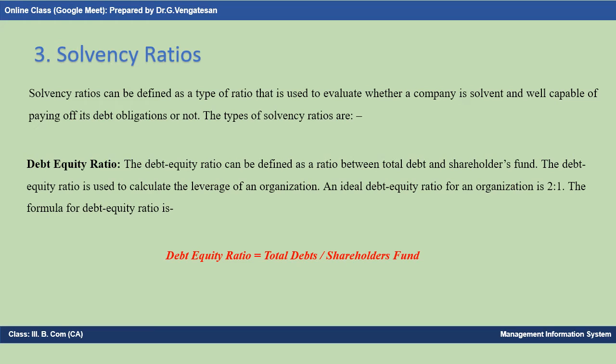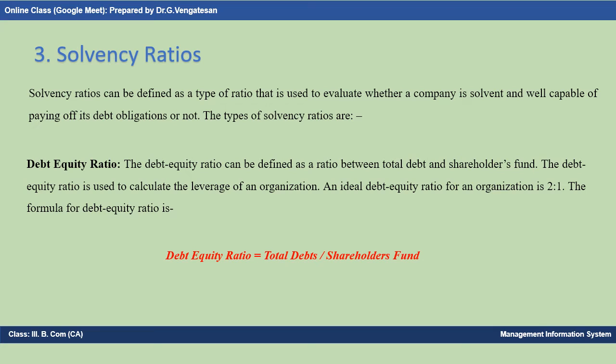And now we are moving to the third ratio called solvency ratio. Solvency ratio can be defined as the type of ratio that is used to evaluate whether a company is solvent and well capable of paying off its debt obligations or not.